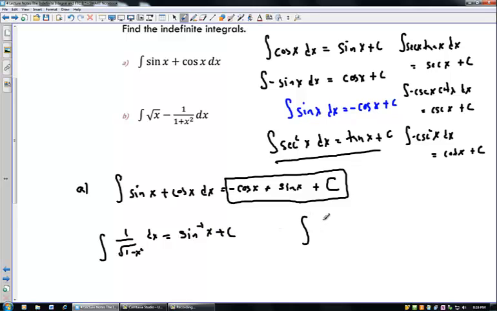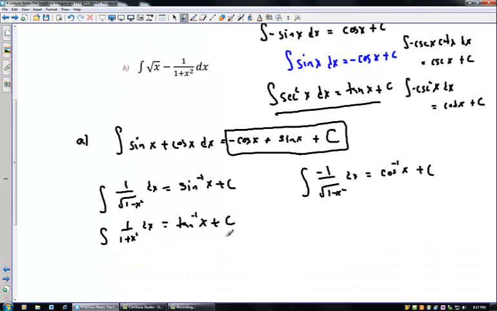Whereas if you have the integral of minus 1 over the square root of 1 minus x squared dx, that's equal to cosine inverse of x plus c. And then finally, you have the integral, probably one of the most important ones here, 1 over 1 plus x squared dx, and that's equal to tan inverse of x plus c. And so let's use these in part B.